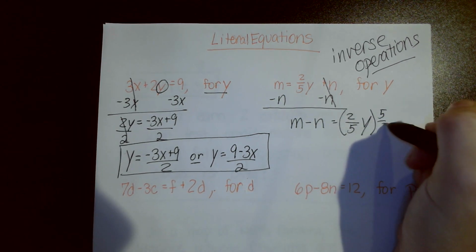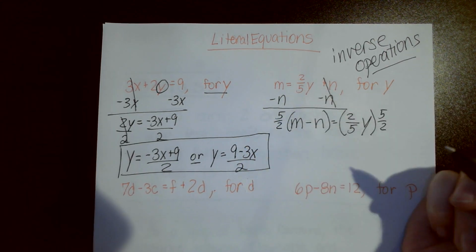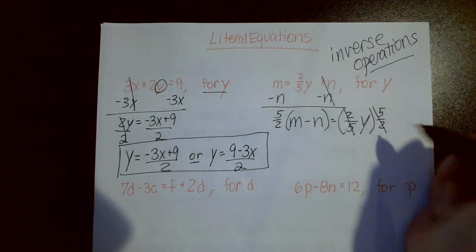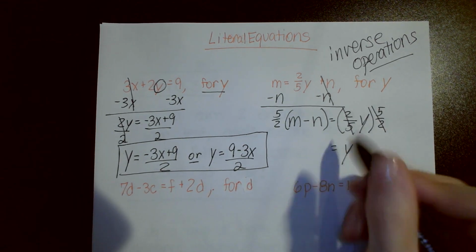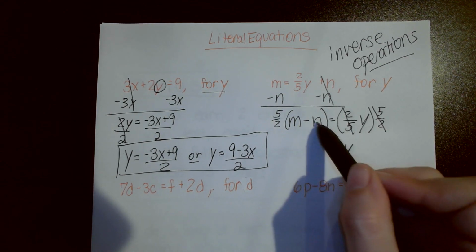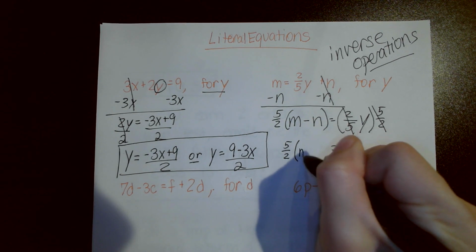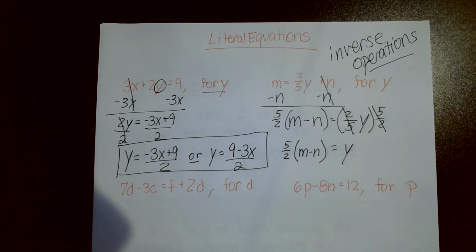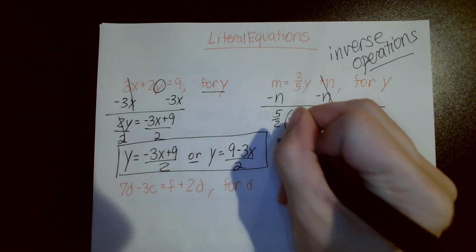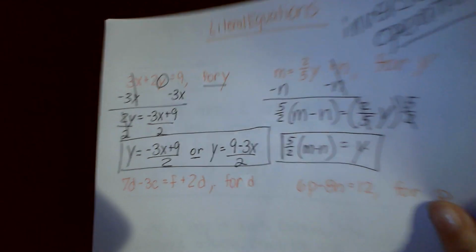So we multiply by 5/2. Now, here it cancels out and leaves just y. Here, I'm not going to actually do the multiplication because we don't have numbers here. So we would just leave this as 5/2 times m minus n. And that's your final answer because we've gotten y alone. That's how I know I'm done.